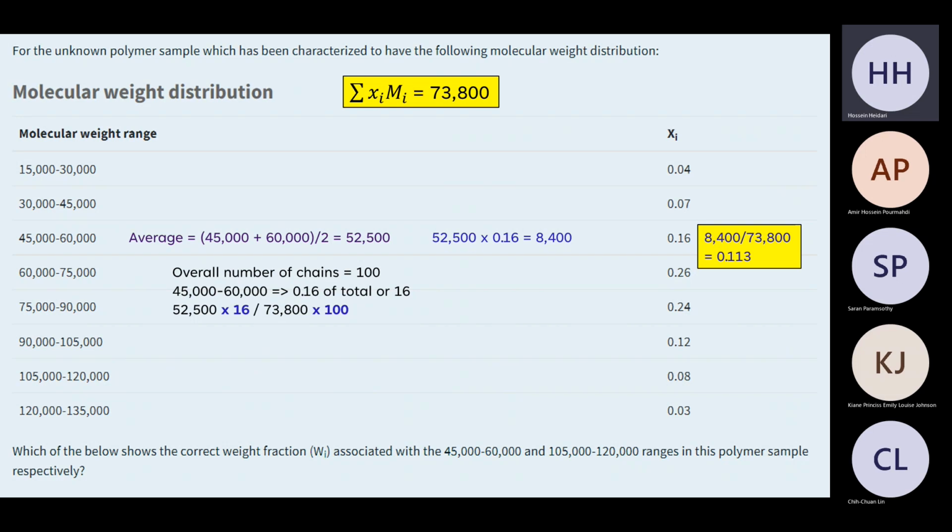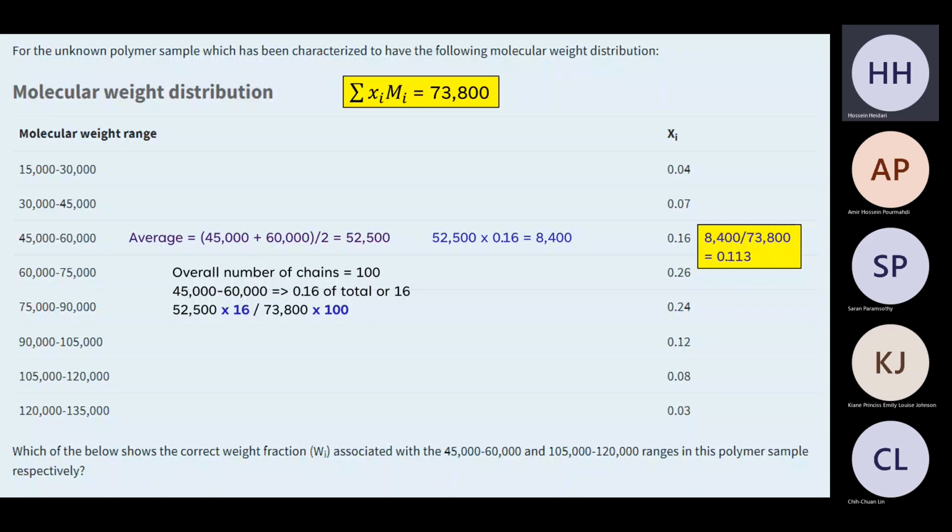That's the reason I did this, to explain that. Let's take a hypothetical case where we have 1,000 molecules, 1,000 chains inside this sample. What's the overall weight going to be? It's going to be 1,000 times the number average, the number of molecules times the number average. And then for each subpopulation, you can figure out how much that is.